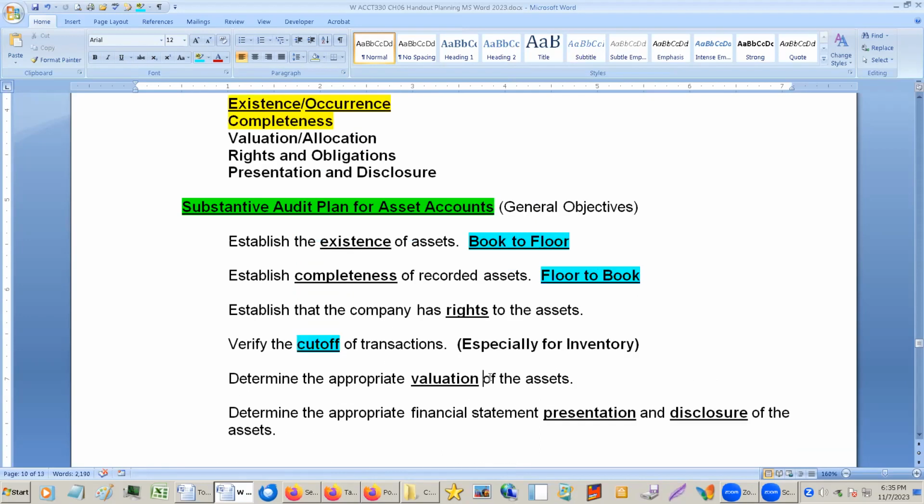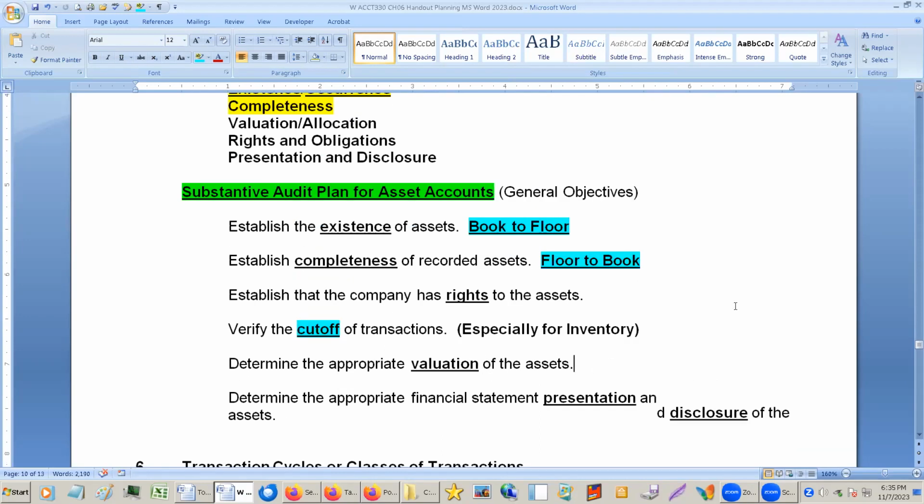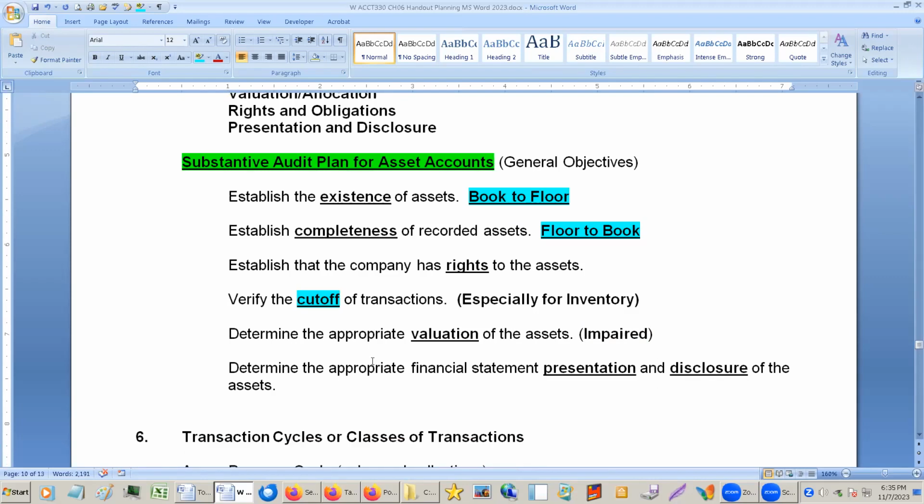Okay, determine the appropriate valuation of assets. Are they impaired? Is there a problem with them? Obsolete, that sort of thing, especially for inventory that's been sitting around for a while.